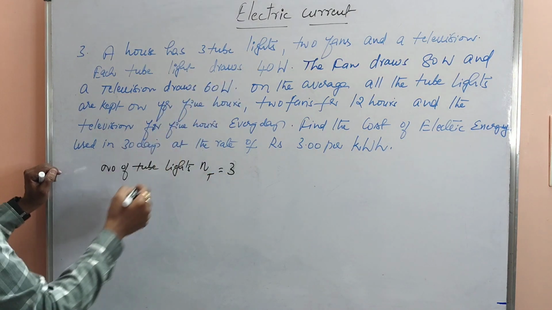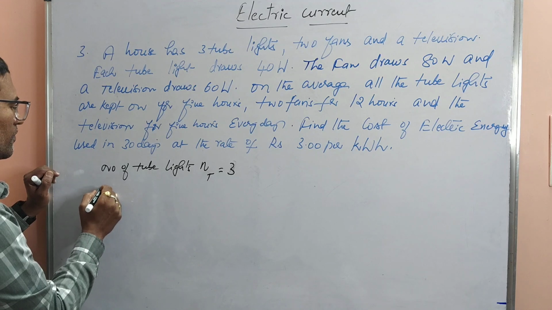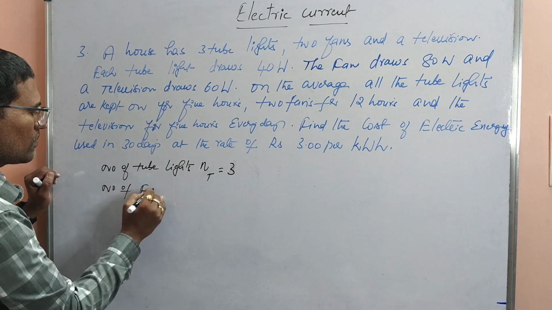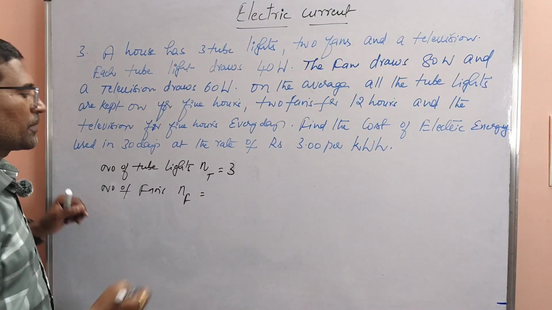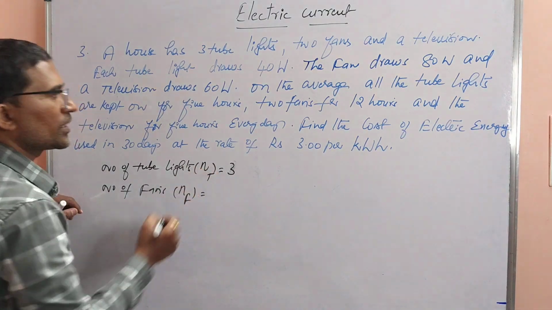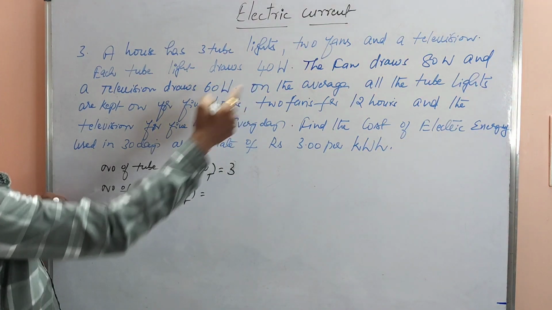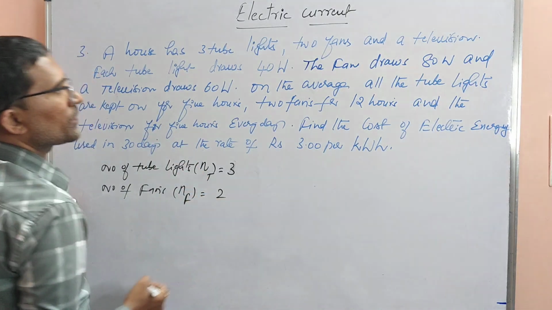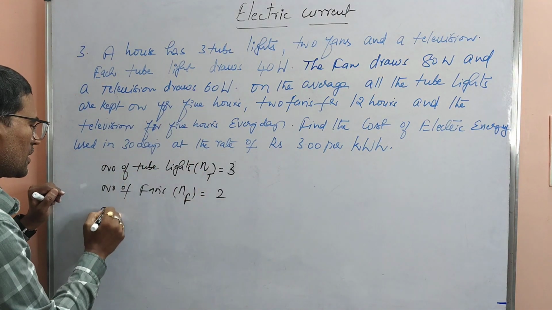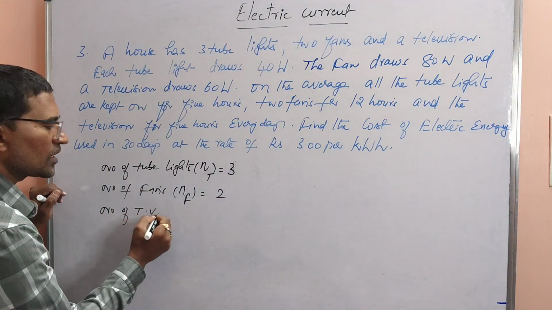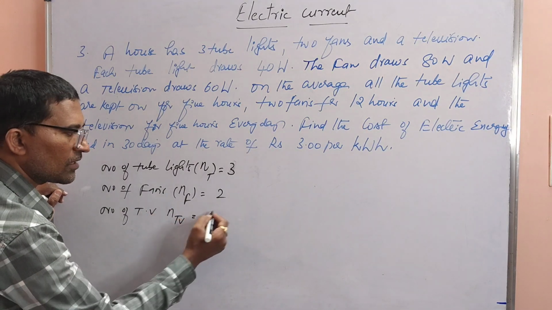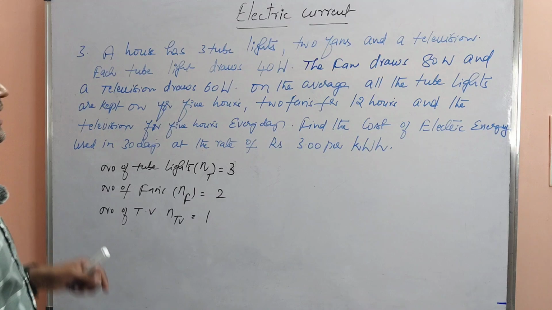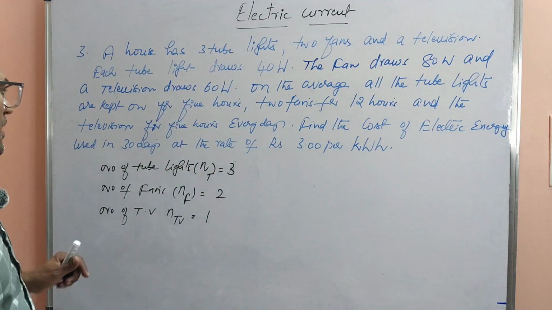Next, 2 fans, number of fans, that is NF. For your understanding, I am giving this symbolic notation here. Number of fans, 2. Next, a television, number of televisions, NTV, is equal to 1.